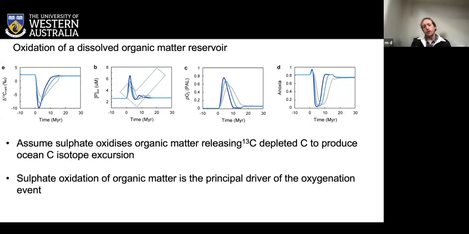And then as we move towards the end of the carbon isotope excursion, we are decreasing the amount of sulfate going into the oceans, and we're therefore decreasing the amount of organic matter being oxidized by the sulfate. As a result, we have less pyrite burial, and therefore O2 levels start to drop. And for the same reason that the phosphorus levels decreased in the first place, they now increase again to give us that second peak, because O2 levels are dropping, and we have less redox-dependent P burial in our sediments.